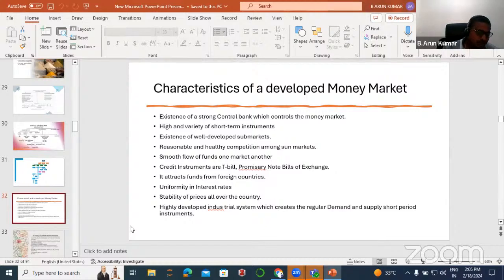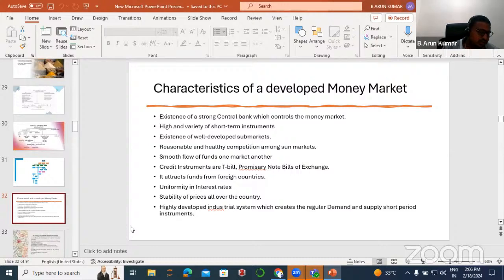So just go through that, and also they will ask what is foreign direct investment and foreign portfolio investment, the difference between FDIs and FPIs.